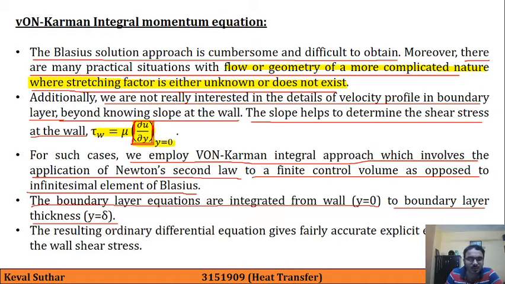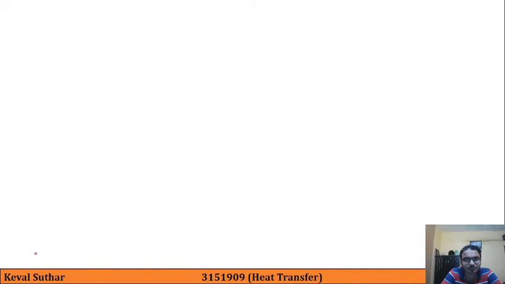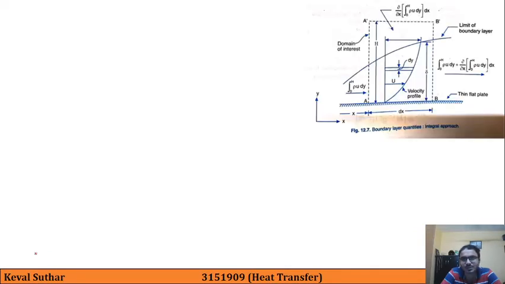The resulting ordinary differential equation gives fairly accurate explicit equation for wall shear stress. So this is the integral approach figure that we are going to see first in detail.